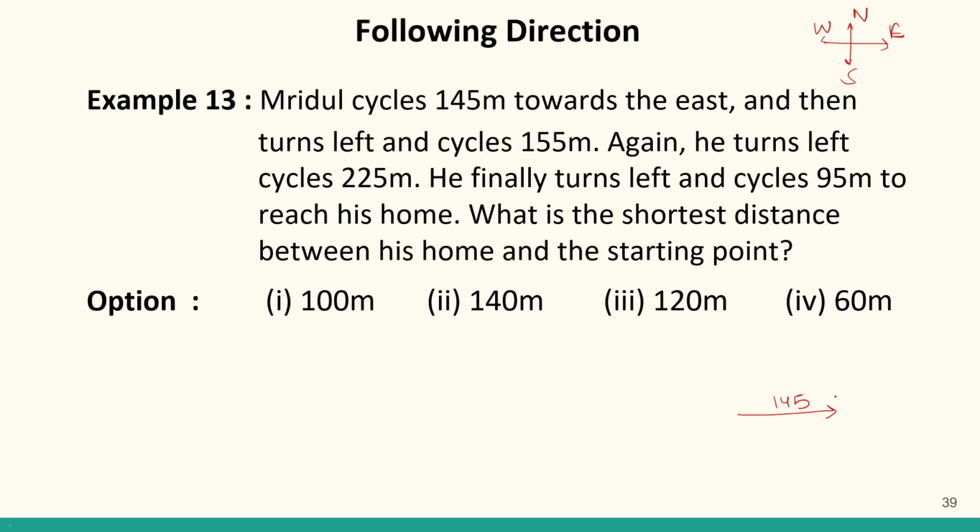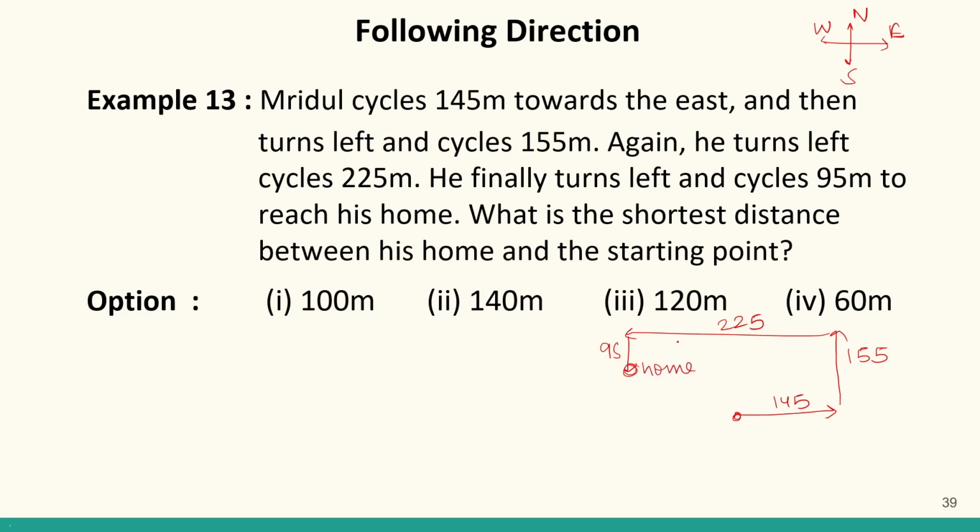Then he takes a left and cycles 155 meter. Here, again he takes a left and he cycles 225 meter. Here, this was the initial point. He finally takes a left and cycles 95 meter to reach home. So here, he takes a turn and this is the home.